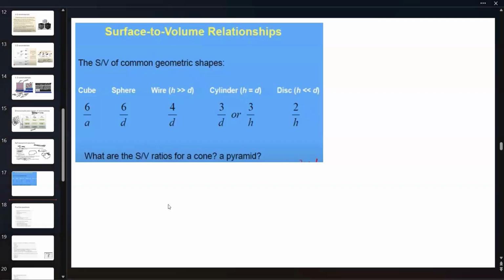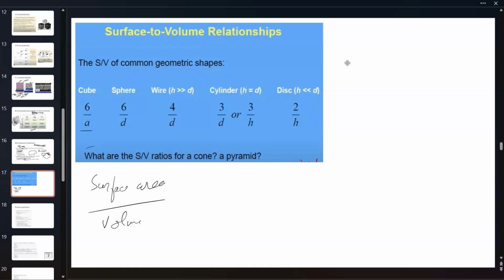So how does your surface to volume relationship change depending on different geometric shapes? If you remember, surface area divided by volume.